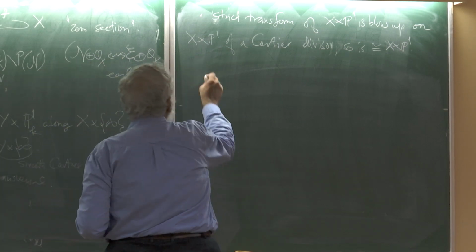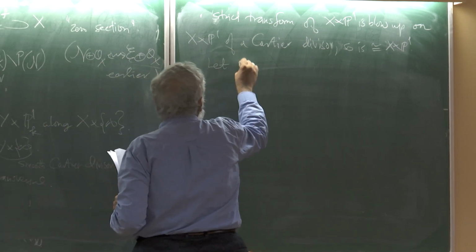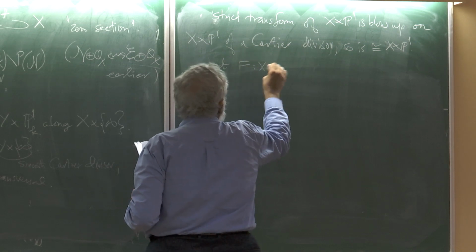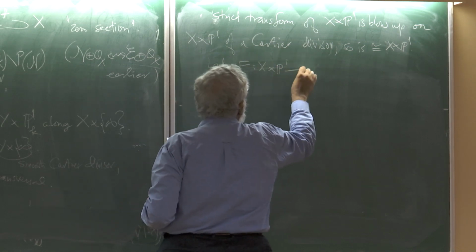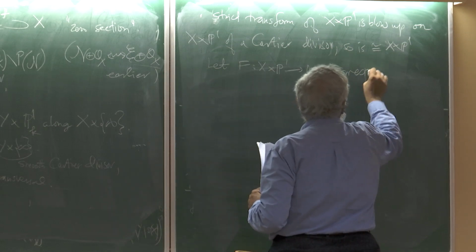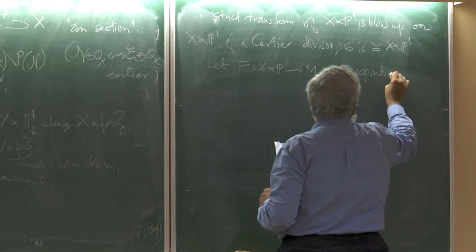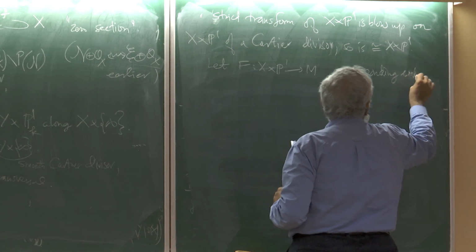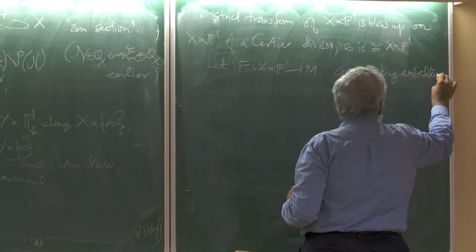So let F: X cross P1 to M be the corresponding embedding. This is a new regular embedding.